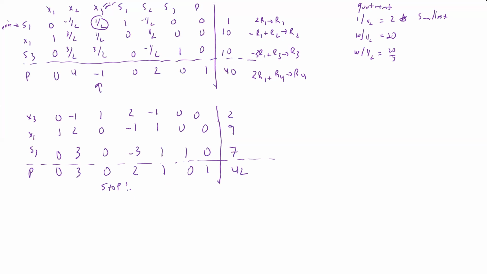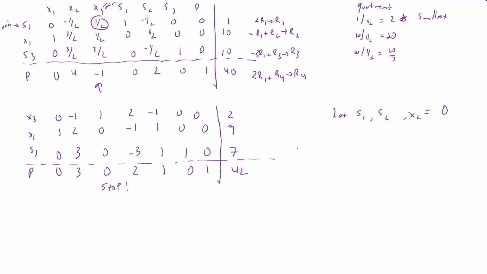All right. Now in this case, these are going to be our values. X1 and X3 and S3 are not zero, and we have S1, S2, and X2 equals 0 because those are the ones up here.